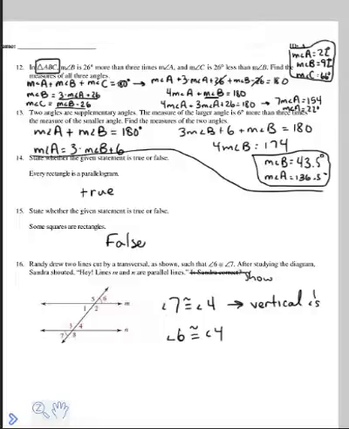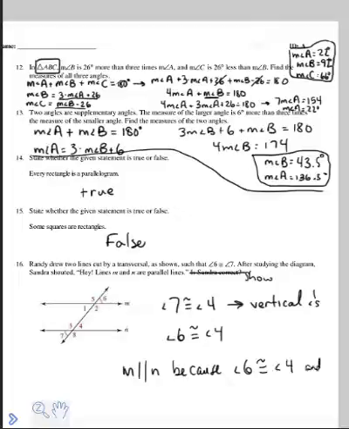So M is parallel to N because angle 6 is congruent to angle 4, and angles 6 and 4 are corresponding angles.